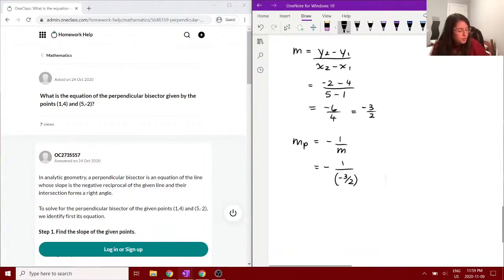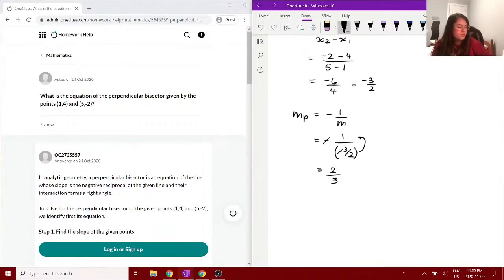So we have two negative signs, which just cancel out. Then we flip the 2 up to the numerator, and that is the reciprocal. You can also think of it as 1 divided by 3 over 2, and if you're dividing, you multiply by the reciprocal. That gives you the same answer.